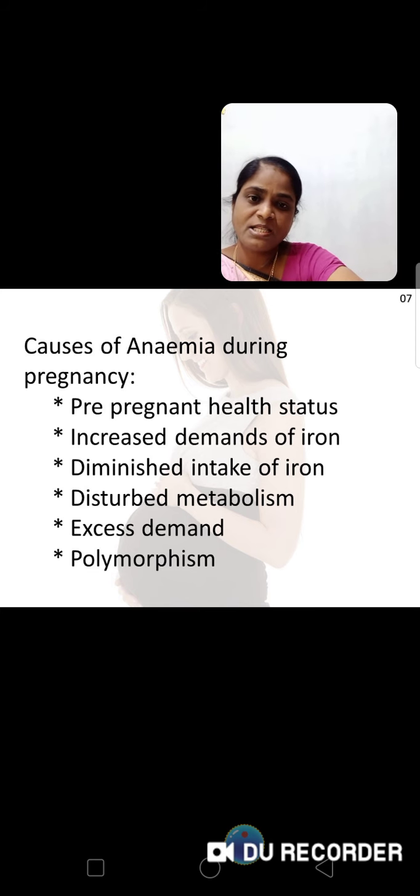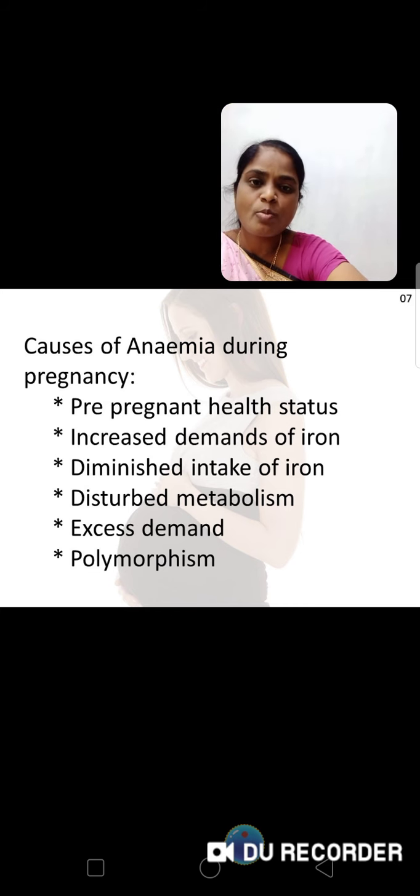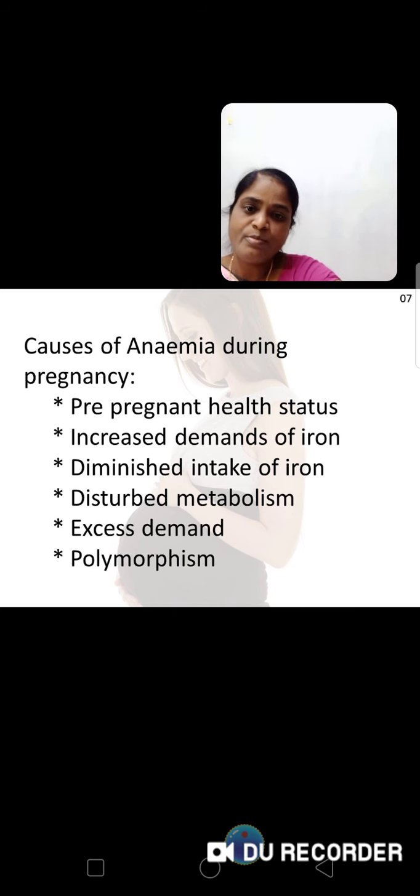The breaking down and catabolism, everything is affected. In the intestines, an increased carbohydrate diet may lead to insoluble iron, so iron absorption in the intestine is affected. That may lead to disturbed metabolism, and so to anemia in pregnancy.